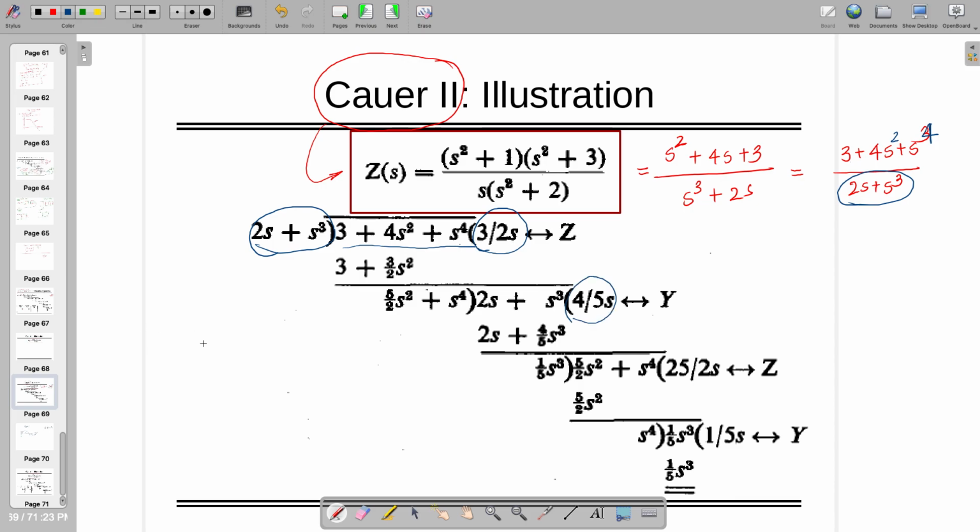I can write down the same function as 3 by 2s plus 1 by 4 by 5s plus 1 by 25 by 2s plus 1 by 5s. Right? The same function I have written in a different way.